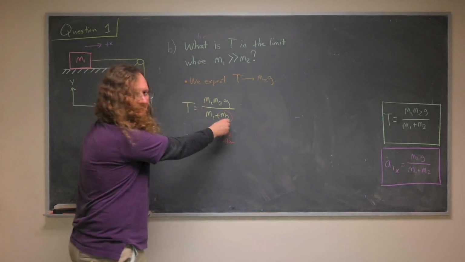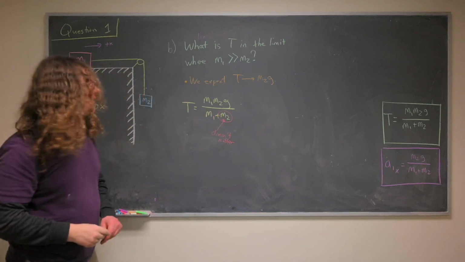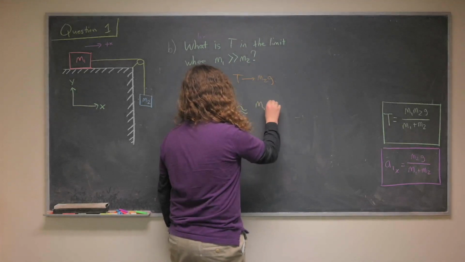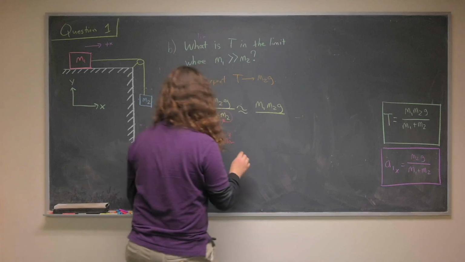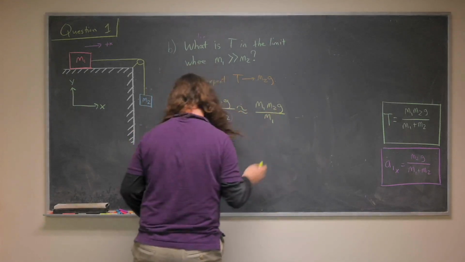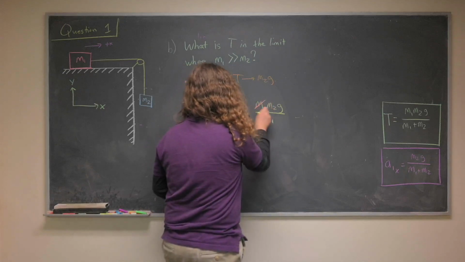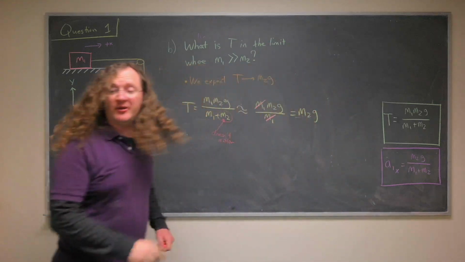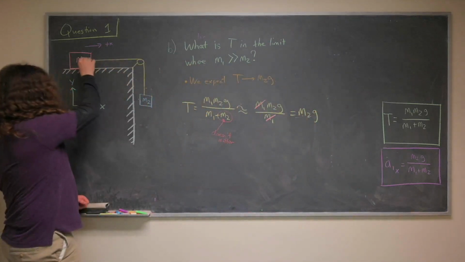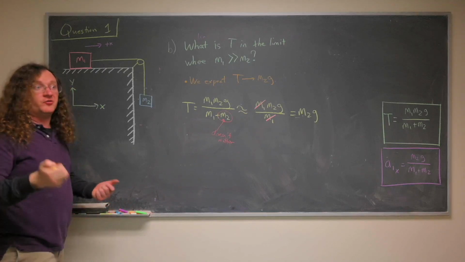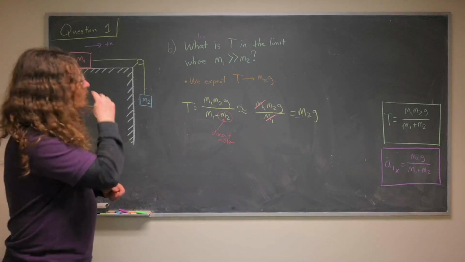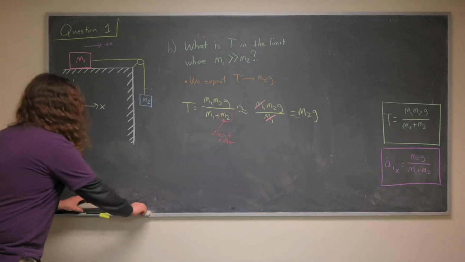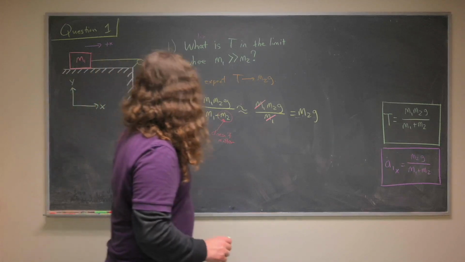Right? Adding a small thing to a large thing is basically just the same as the large thing. So that's m1 m2g over m1. I can cancel the m1s, and I get a tension of m2g. So what I see is if I hang a feather from a brick, then the tension in the string is just the weight of the feather, which is what I expect if m1 is way bigger than m2. Okay?